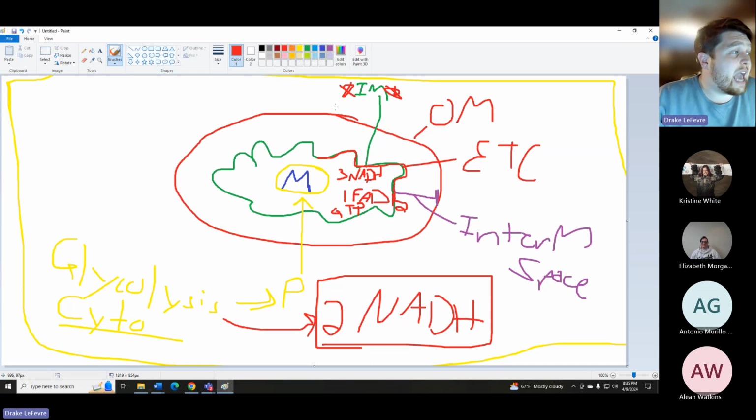So in the mitochondria, we have the outer membrane, the outside membrane. Immediately inside of the outer membrane, we have the intermembranous space. Outer membrane, intermembranous space. Then we have the inner membrane, where the electron transport chain is located, and then the matrix.